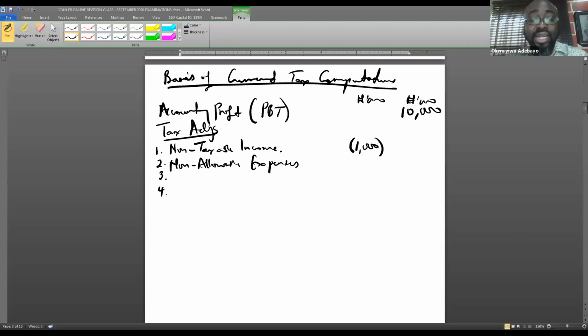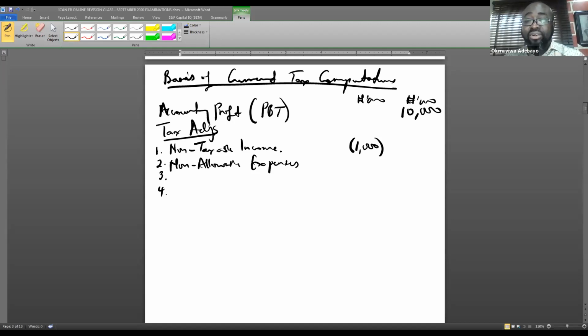Also, there are some other expenses that are considered disallowed, not because they are not genuine, but because they might have been recognized in the past or allowed in the past on the basis of cash basis, or they will be allowed in the future when they are actually paid rather than when they were accrued for, or surrogates such as depreciation.